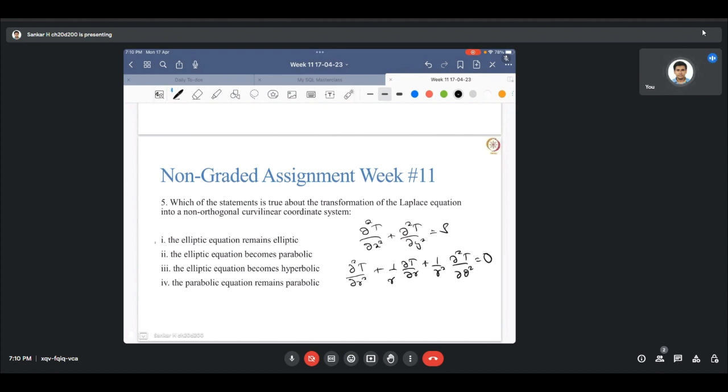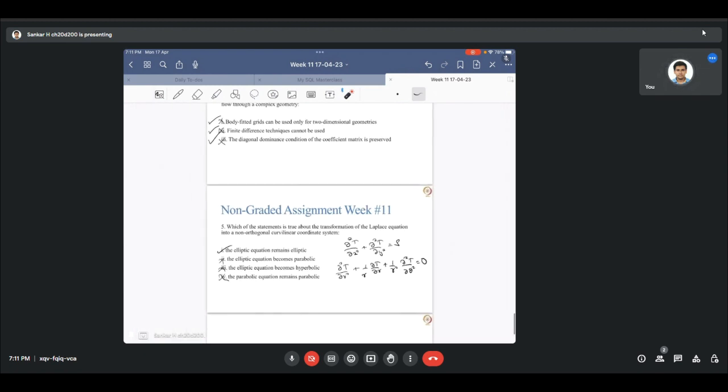So we can see that the elliptic equation remains elliptic, but the other two statements are wrong. And we know that the Laplace equation in the Cartesian coordinate is in fact elliptic. So the parabolic equation statement over here is itself wrong. Therefore, the correct answer is only the first option.